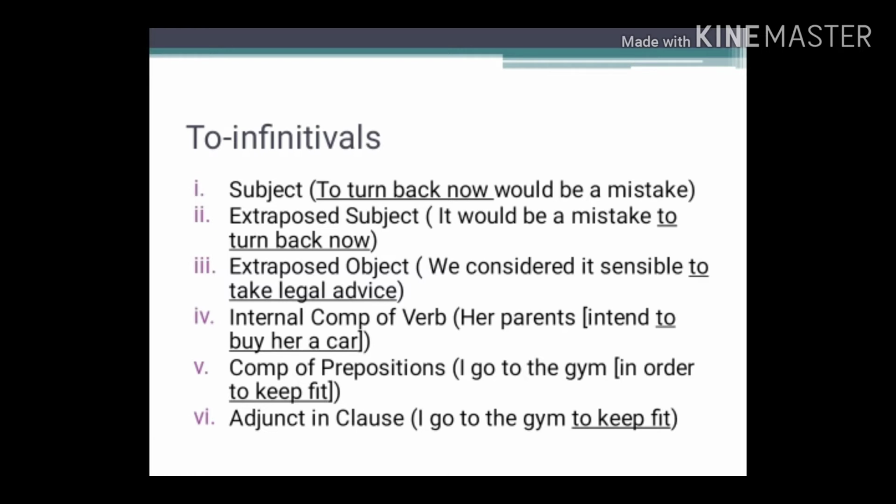Next, internal complement of verb. The example is, her parents intend to buy her a car. This is to buy her a car, underlined here, and to buy her a car refers to intend. Intend is the verb in this sentence. The fifth is complement of preposition. The example is, I go to the gym in order to keep fit.